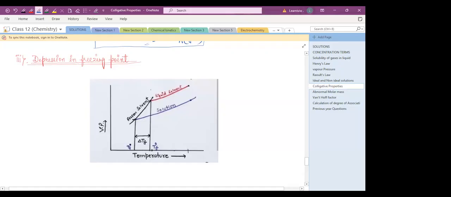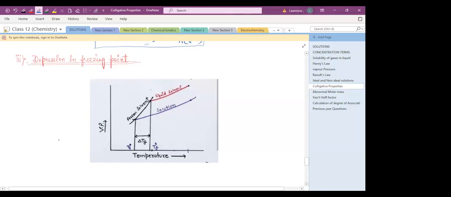Okay, so we are talking about the pure solvent. When you add a non-volatile solute to a pure solvent, the vapor pressure becomes equal to the vapor pressure of the solid phase and it lowers the freezing point of the solution.